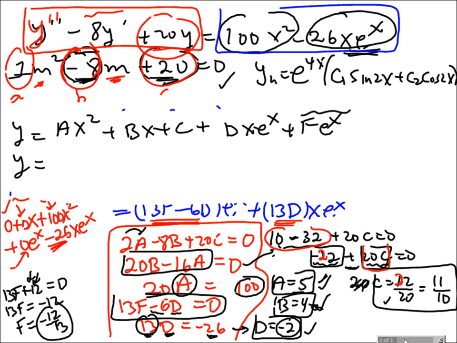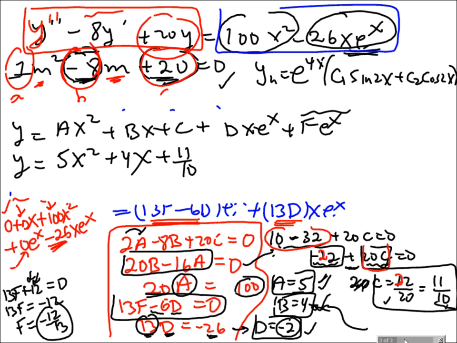So the general solution would be a, which is 5x squared. b is 4, so it'll be plus 4x. c is 11 over 10, plus d, which is negative 2.